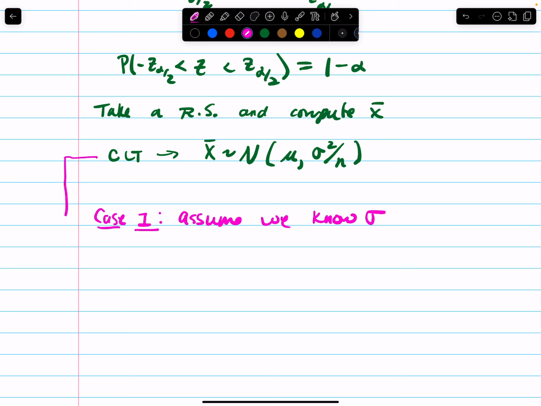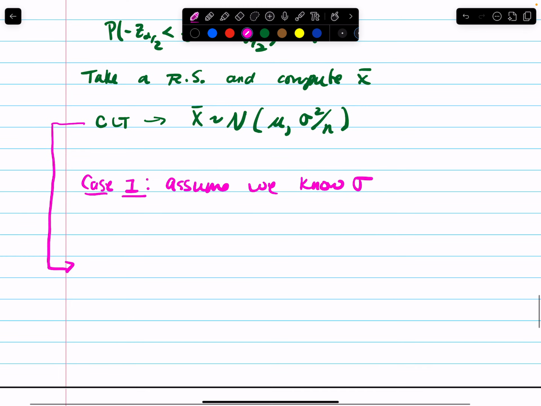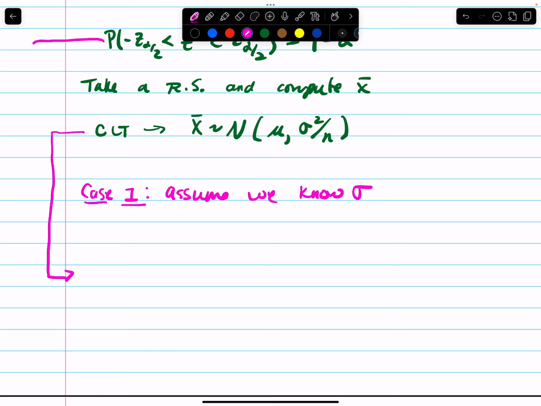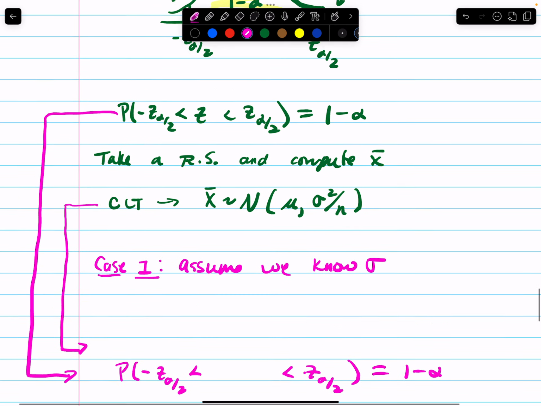So our central limit theorem tells us that our sampling distribution of the mean is approximately normal. So we're going to convert that to our z-score, and we'll go back to this picture right here. So we had the probability that z was between negative z sub alpha over 2 and z alpha over 2. That probability was equal to 1 minus alpha. That's from up here.